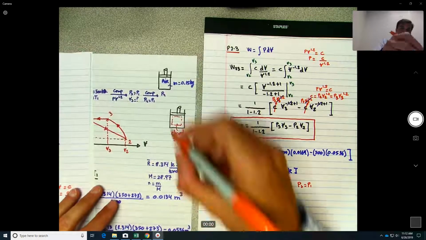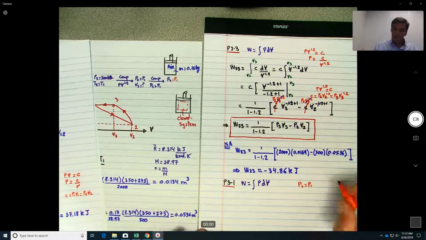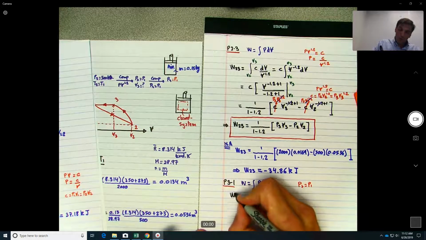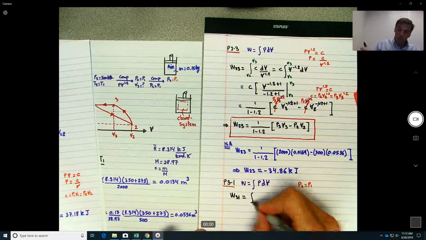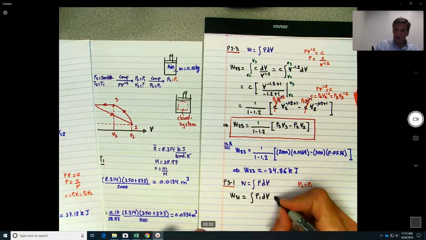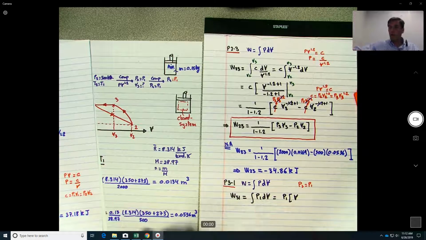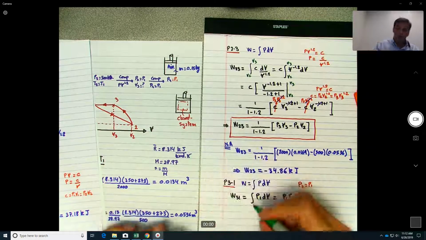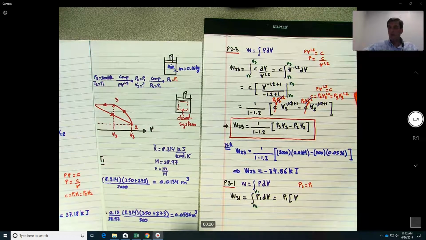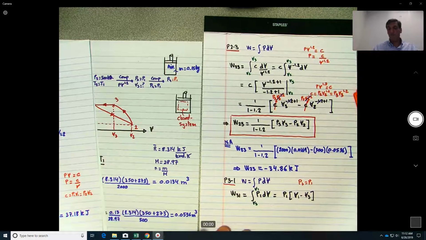So actually here you see on this figure P4 really is P1. Okay. So we get that work 3,1 would be equal to P1 dV, so it would be equal to P1 times the integral. And what are the limits of integration? We need to be careful here because you go from V3 to V1. So this will be V1 minus V3.